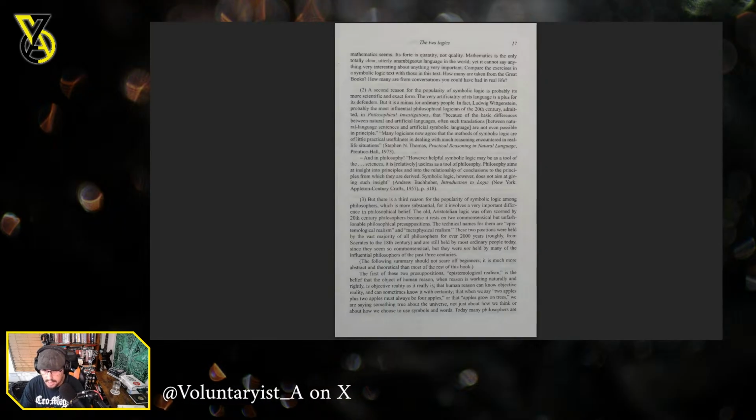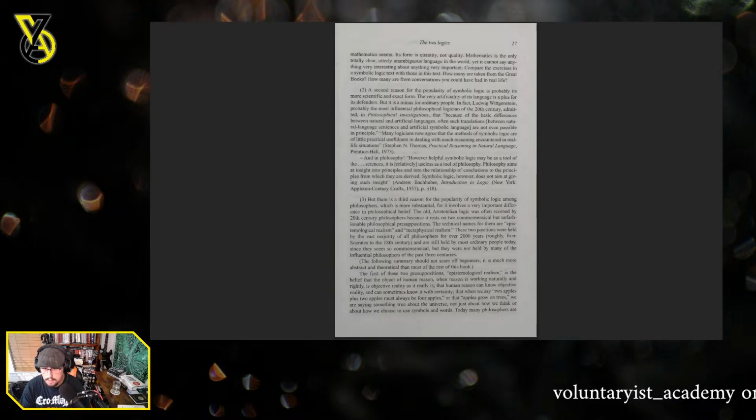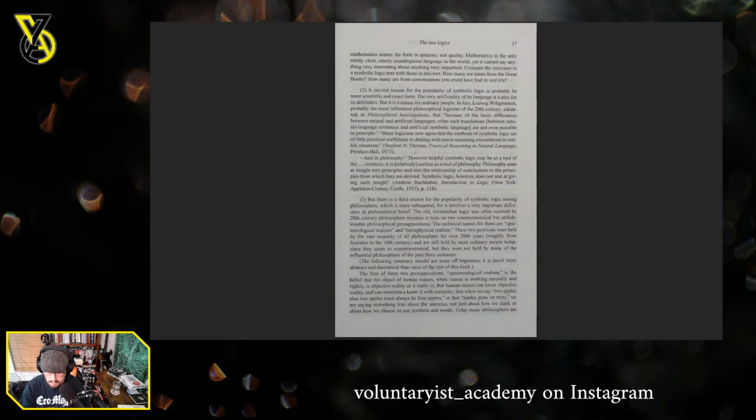The technical names for them are epistemological realism and metaphysical realism. These two positions are held by the vast majority of all philosophers for over 2,000 years, roughly from Socrates to the 18th century, and are still held by most ordinary people today, since they seem so commonsensical, but they were not held by many of the influential philosophers of the past 3 centuries.